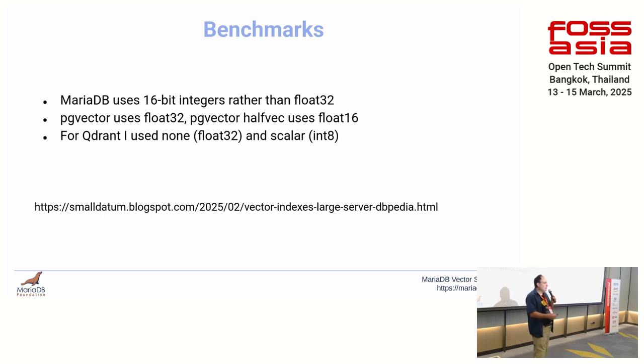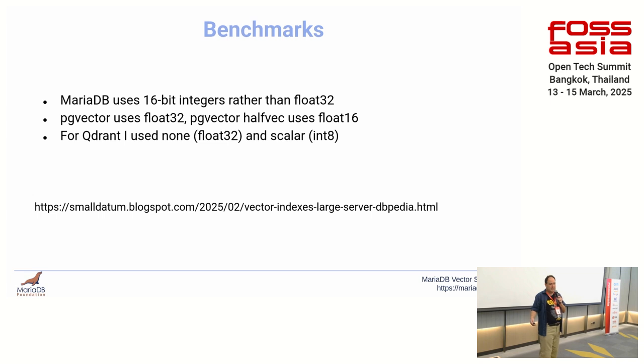Noting a few things from the full slide, I'm just going to abbreviate on these. MariaDB uses 16-bit integers rather than a full float 32 to do the search. PG Vector uses a float 32, though it's got a half vector option that is a float 16.